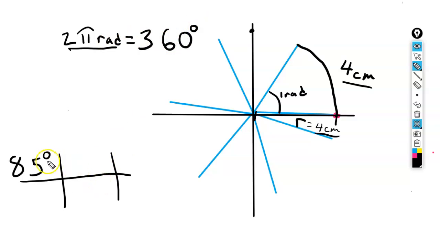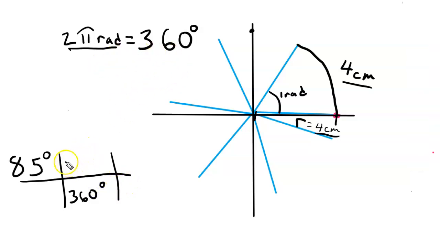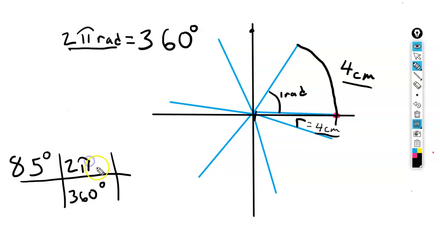I want to cancel out my degrees, so I'd put 360 degrees on the bottom from this conversion factor. I'd put 2 pi radians on top. My degree symbol will cancel out, and I'd get 85 times 2 pi over 360, or 85 times pi over 180 if you do it that way. And I get about 1.48 radians.